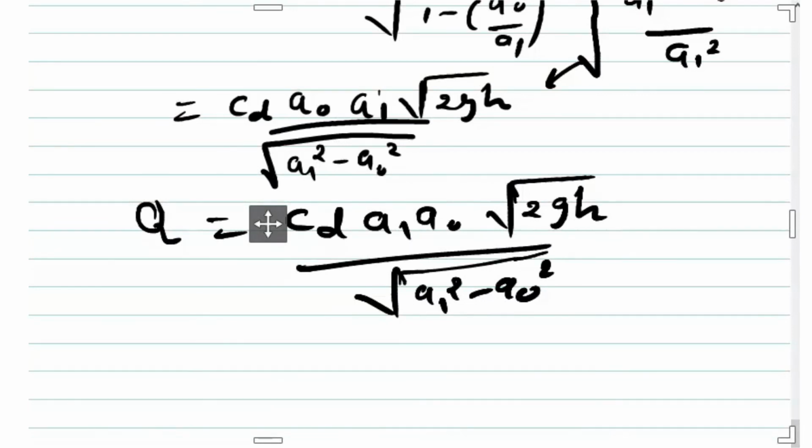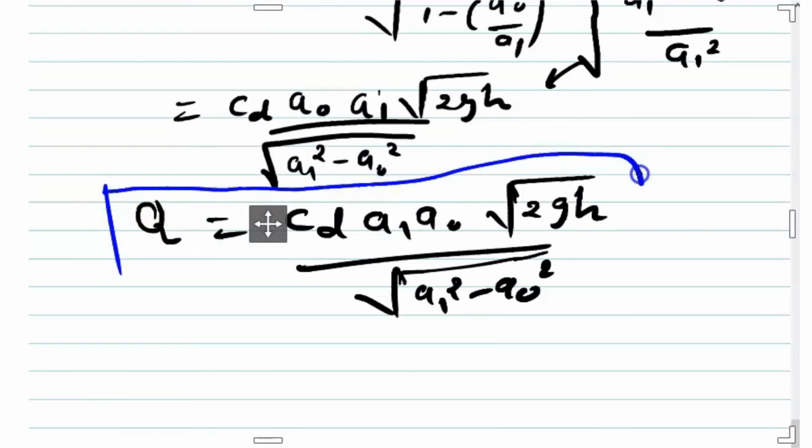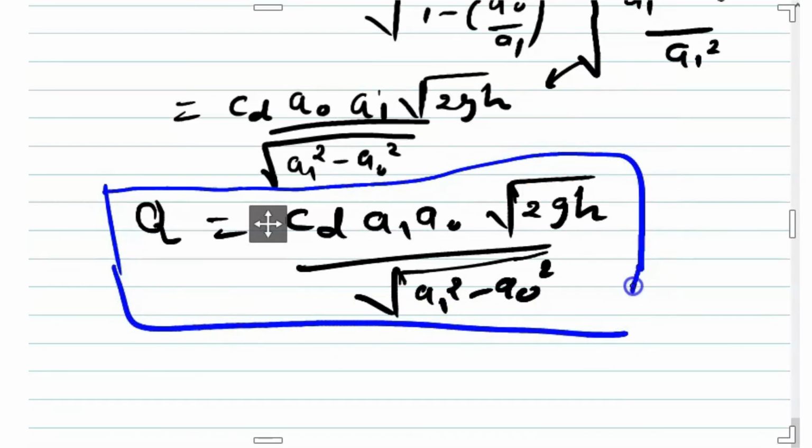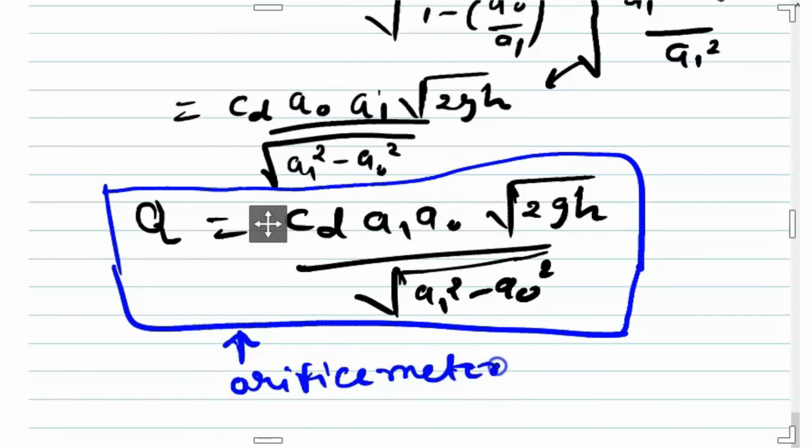This is called the equation of discharge through the orifice meter: CD A1 A0 under root 2gh divided by under root A1 square minus A0 square.